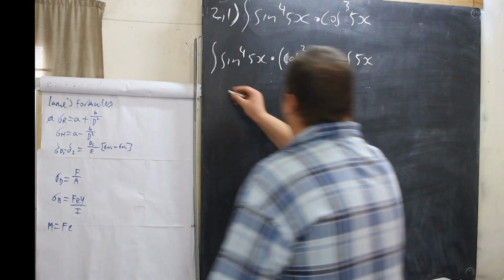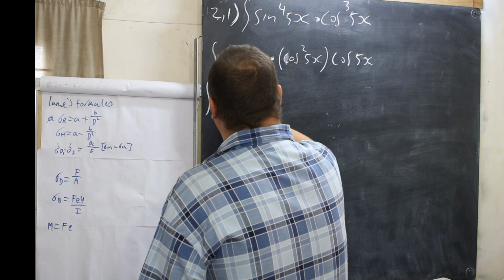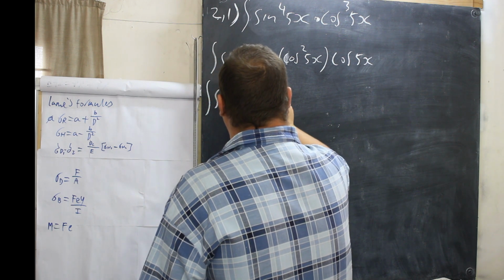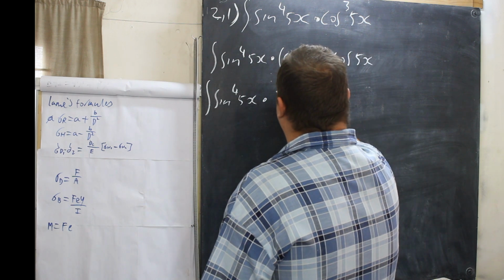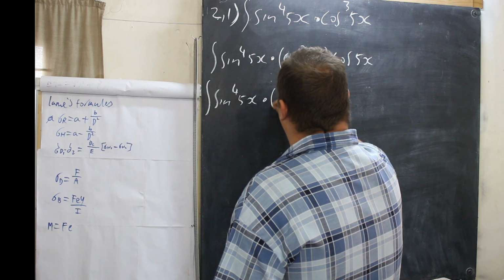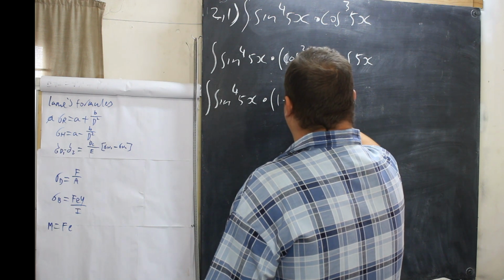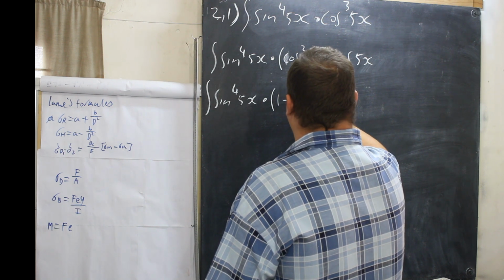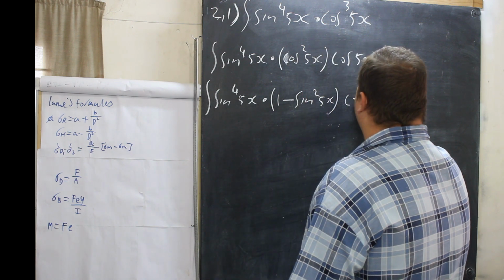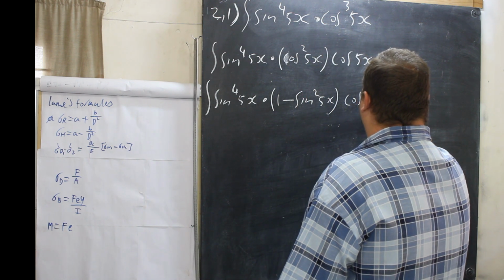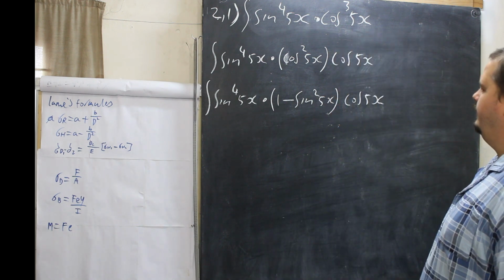Okay, so the next part is sin^4(5x). Now cos^2(5x) is 1 minus sin^2(5x).